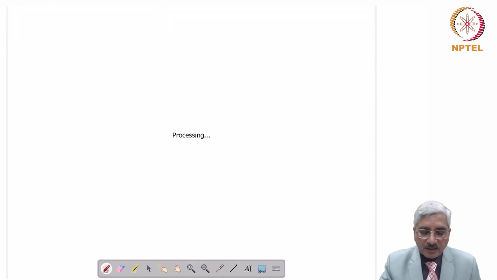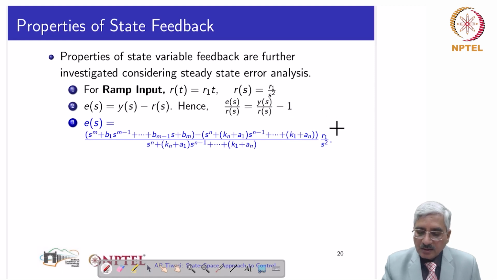So we calculate that E(s) will be this. If we do the manipulations with the help of this, we will get this. And in that, based upon the step input, we have designed that Bm will be equal to k1 plus An. So this cancels with this.